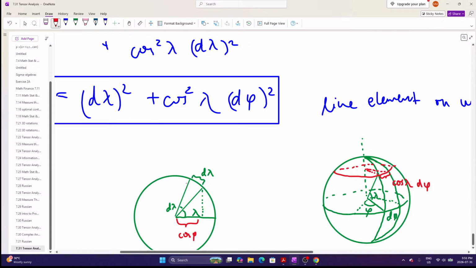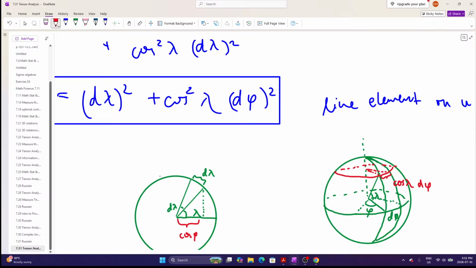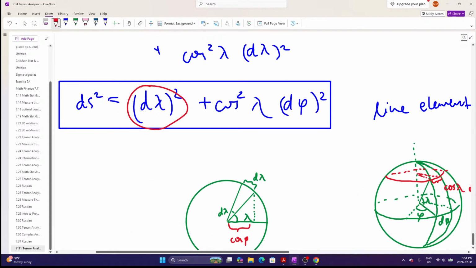So that's the meaning of this expression. On the surface of the Earth, you either change your longitude or change your latitude. Change in the latitude creates this contribution in the line element, whereas change in the longitude creates this next term. However, this contribution is scaled according to your position, like how far north or south you are.